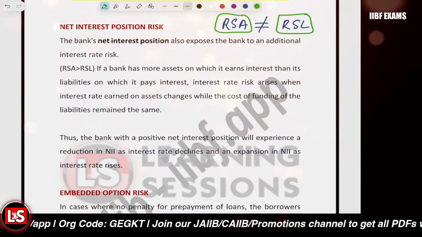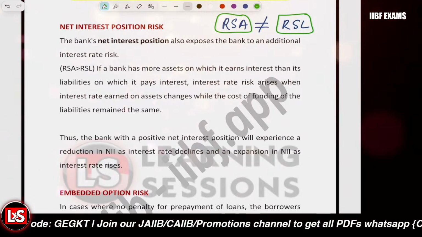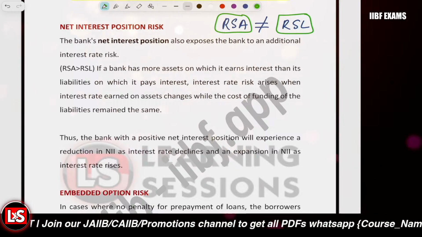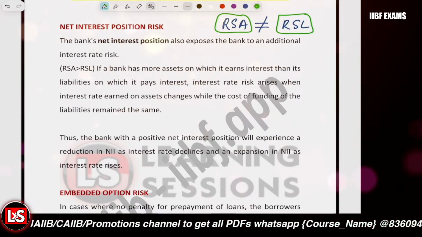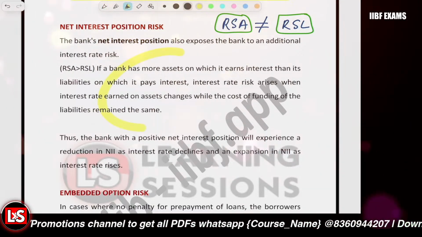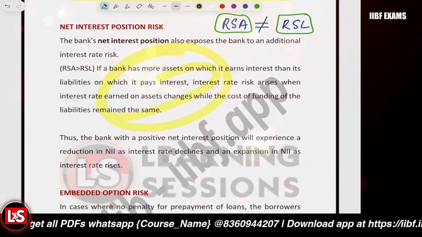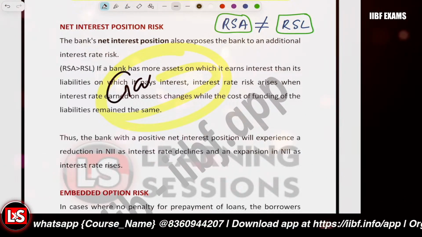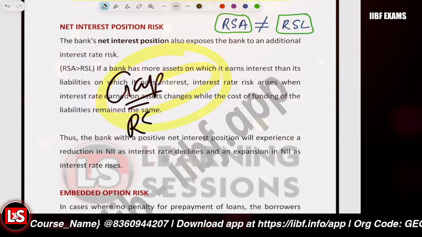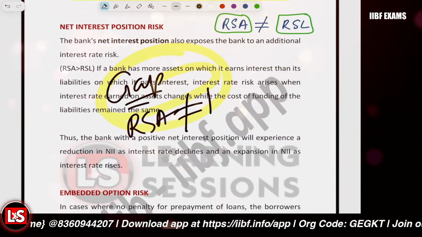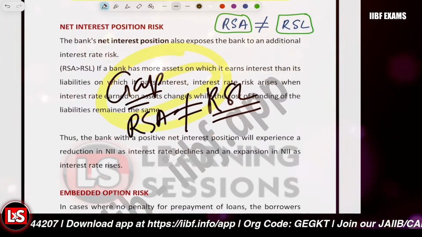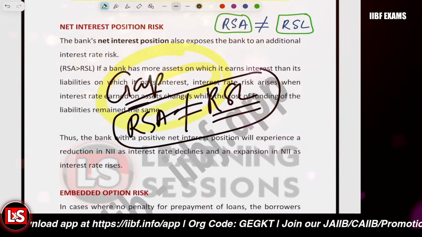Gap risk was concerned about both the parts, the negative gap as well as the positive gap, right? But here we are talking about the part that we are having a gap, that the risk sensitive assets are not equal to the risk sensitive liabilities, that we know.